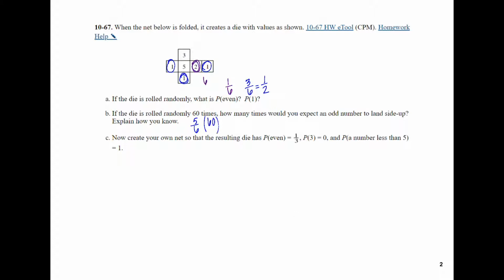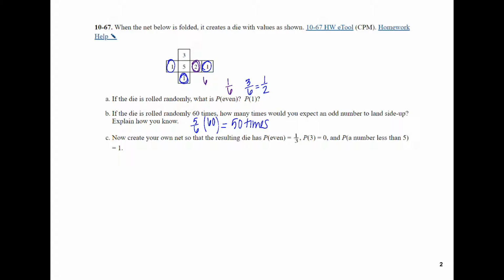If we're going to roll our die 60 times, 5 out of 6 chances, we would get an odd number. So when we multiply this, this would be approximately 50 times out of the 60 that we would draw an odd number.